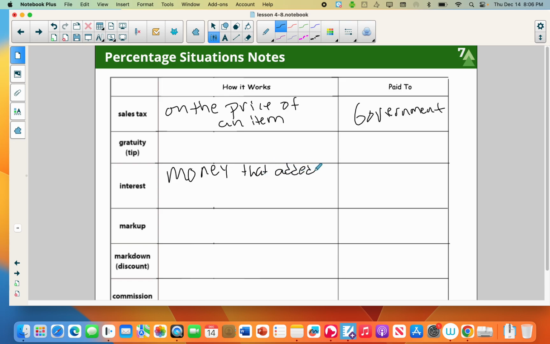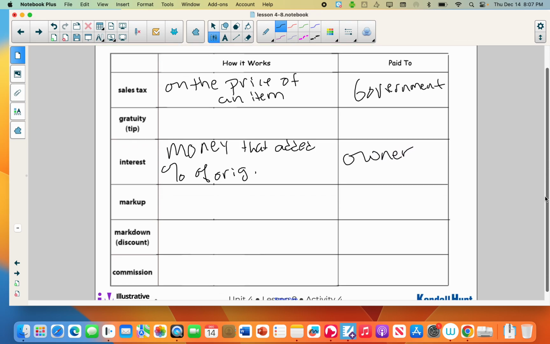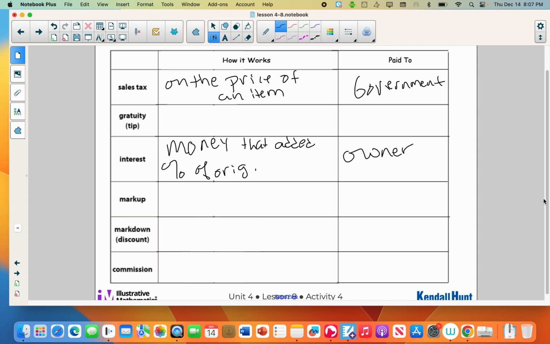And again, it's a percent of the original amount. And that's paid to the person who owns the account. And we're also going to talk about discounts, and that would be a percent of the original that is taken off of the item. And who benefits from that? The person buying the item.